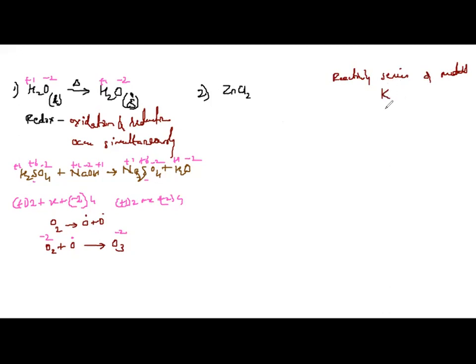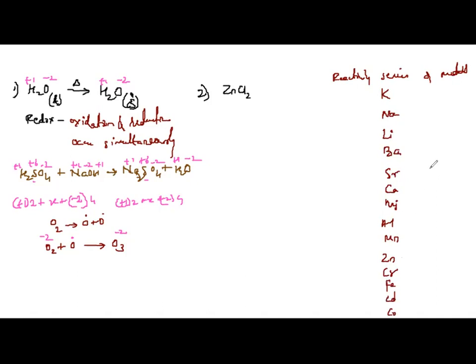Potassium is most reactive, then comes sodium, lithium, barium, strontium, calcium, magnesium, aluminium, manganese, zinc, chromium, then iron, then cadmium, cobalt.